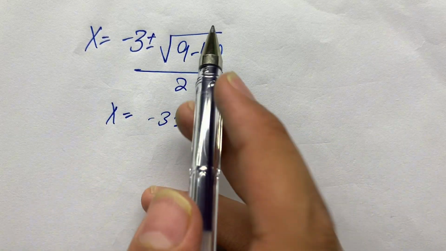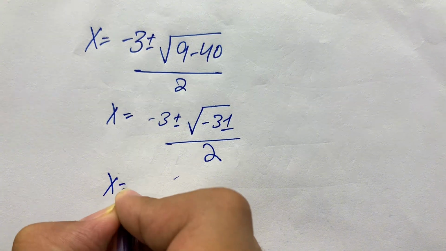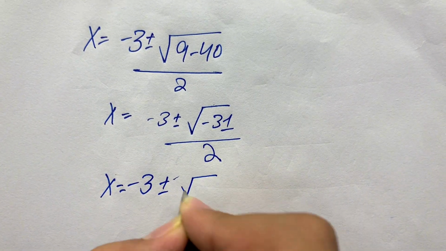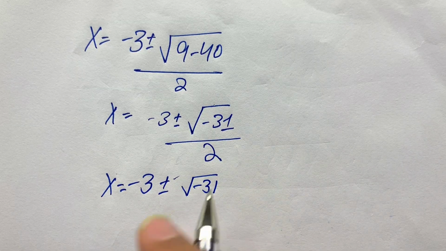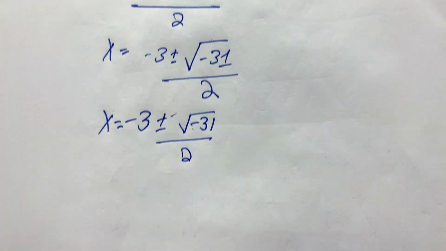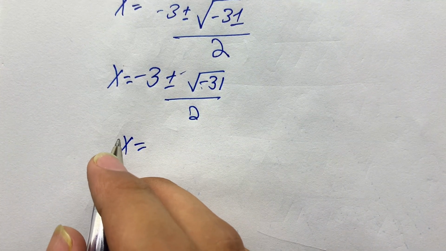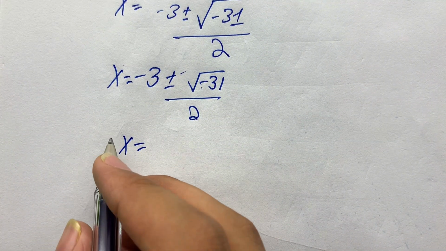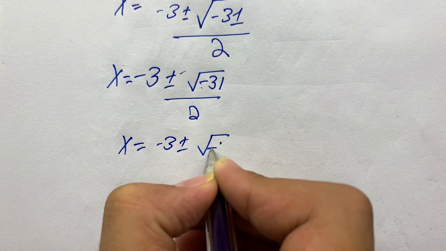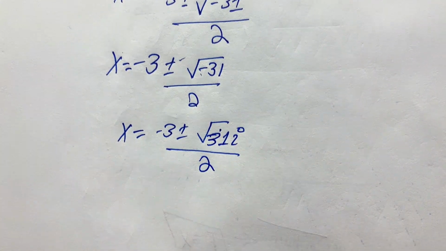After this calculation, divided by 2, x is equal to minus 3 plus minus root 31 into iota, divided by 2.